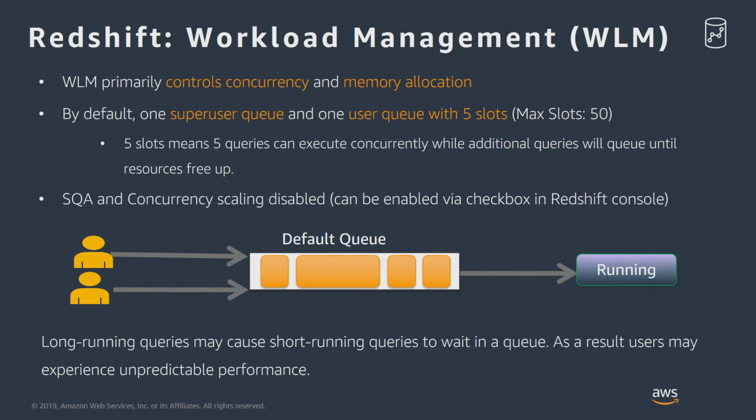When I say 5 slots, it means only 5 queries can run concurrently at the same time on the cluster. If you have not created your own WLM queue, the default comes with 5 connections, and if you are running more queries, even though the cluster has potential, you might say, oh, the cluster is running very few queries at a time.